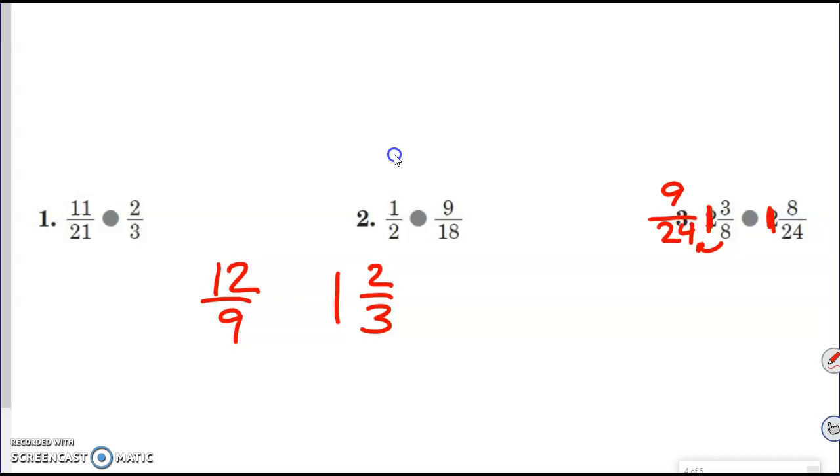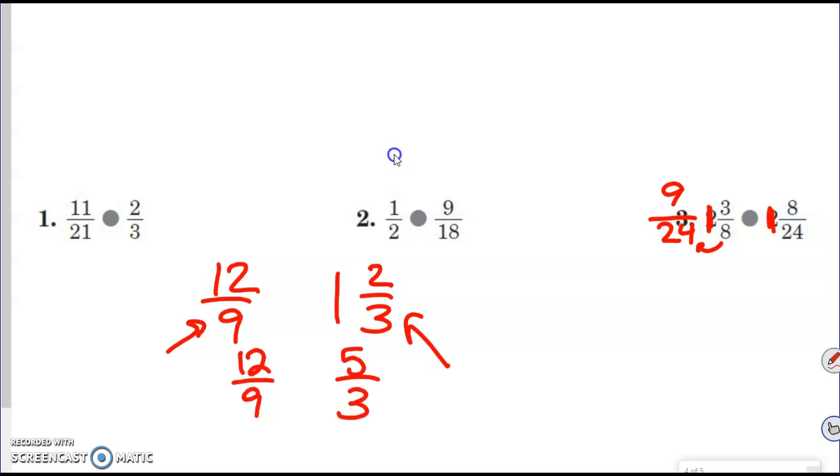So I can either convert this to a mixed number, or I can convert this to an improper fraction. Because I think it's a little easier to change mixed numbers to improper fractions, that's what I'm going to do. So 3 times 1 is 3, plus 2 is 5. This would be 5/3, and this would be 12/9.